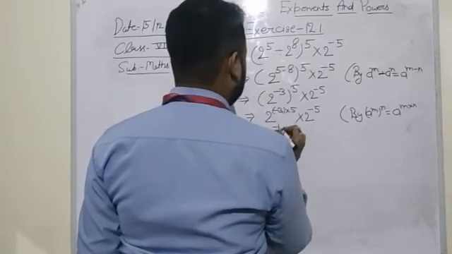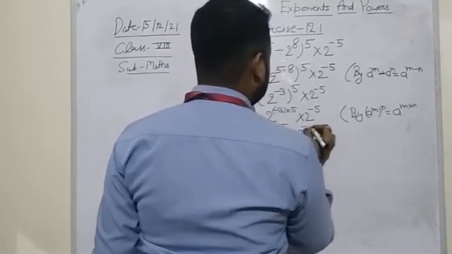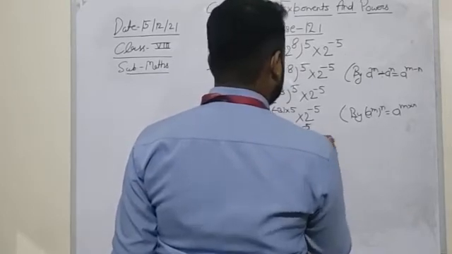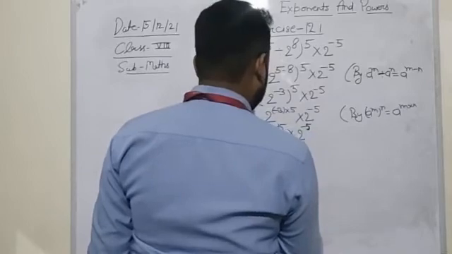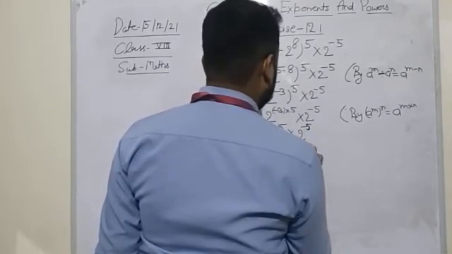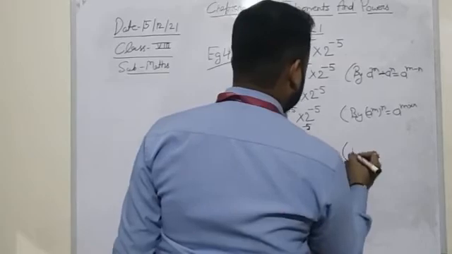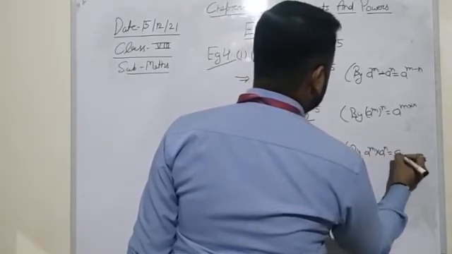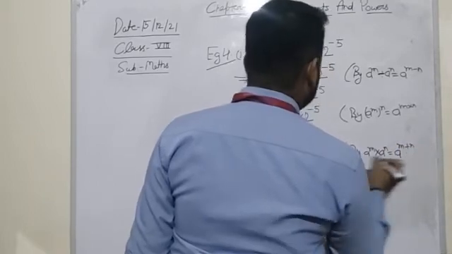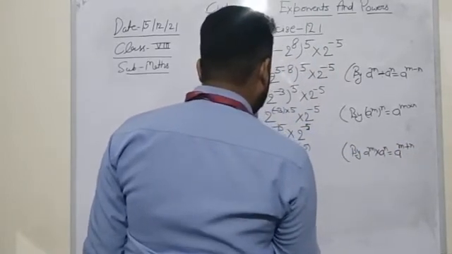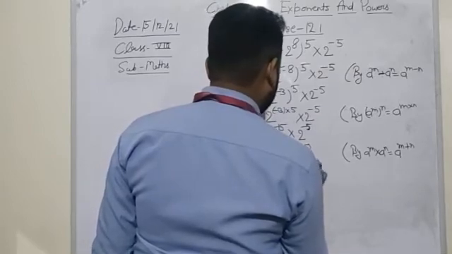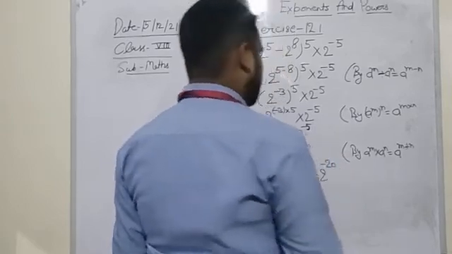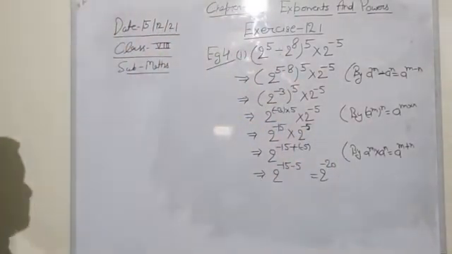So it will be 2 to the power minus 15 into 2 to the power minus 5. 2 to the power minus 15 plus minus 5, by a to the power m into a to the power n is equal to a to the power m plus n. 2 to the power minus 15 minus 5, 2 to the power minus 20. Write it down.